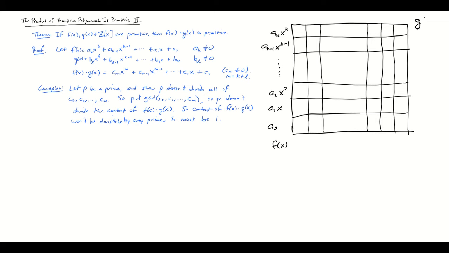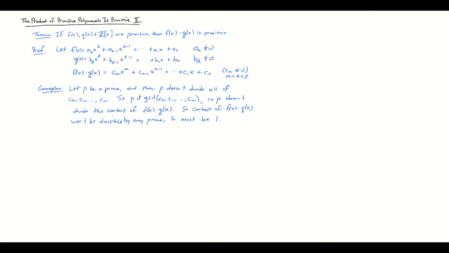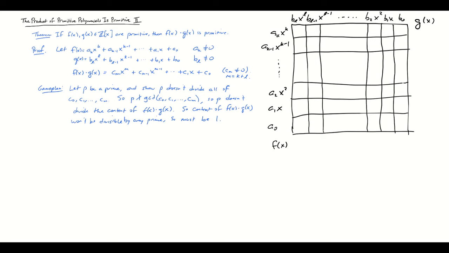Up here I'm going to have g of x, and the terms of g of x go b_l x to the l, b_{l-1} x to the l minus 1, and then dot, dot, dot, b_2 x squared, b_1 x, and then b_0. I'm not going to bother filling in all of these cells; you can imagine what would go in each one, and I don't have a lot of room to write. Instead, I'm just going to use this as a visual diagram of what's happening in the proof in terms of divisibility by p.